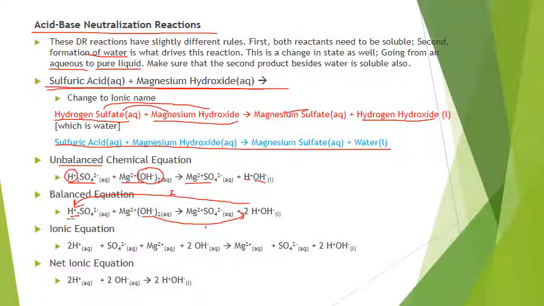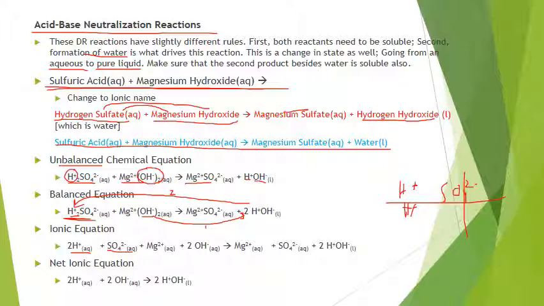The ionic equation, what happens? The acid splits apart, so you end up with 2 H pluses and SO4 2 minus.